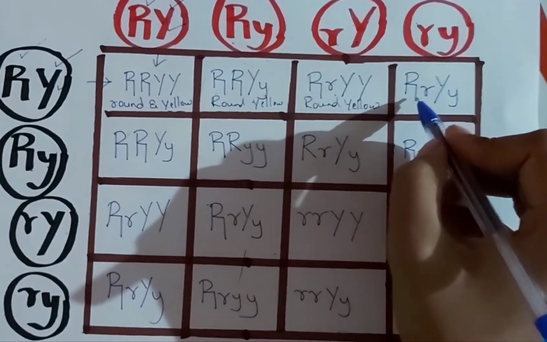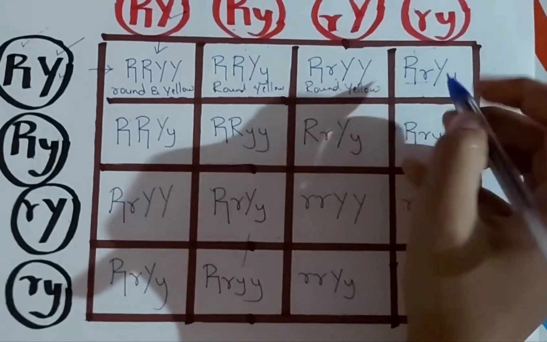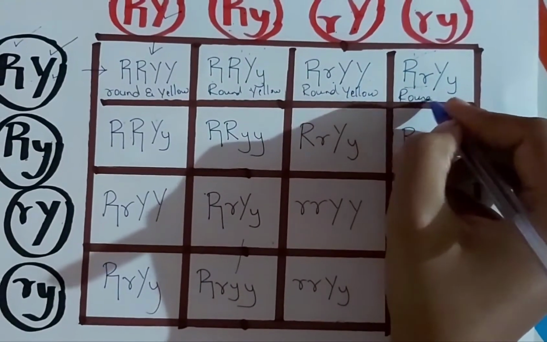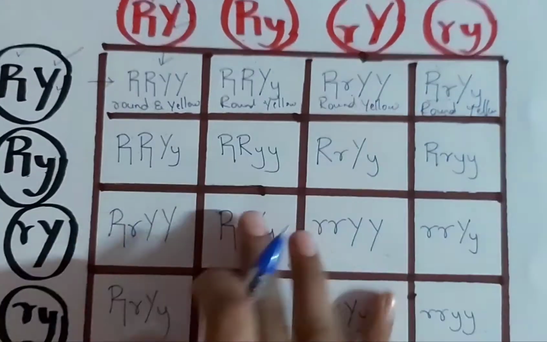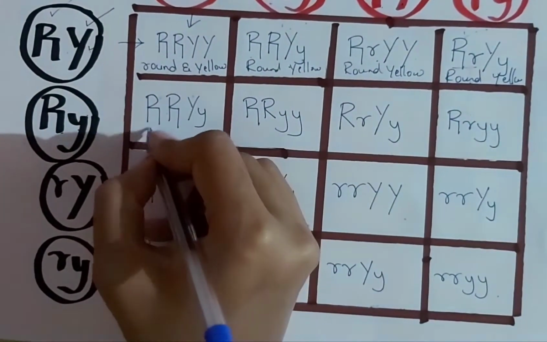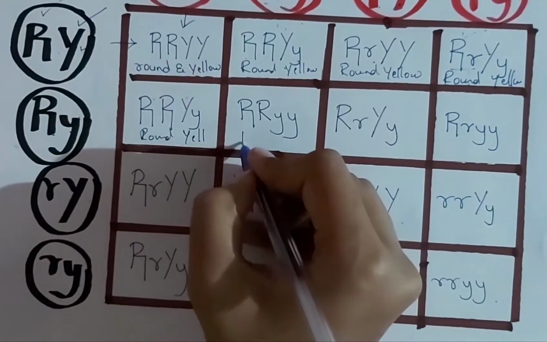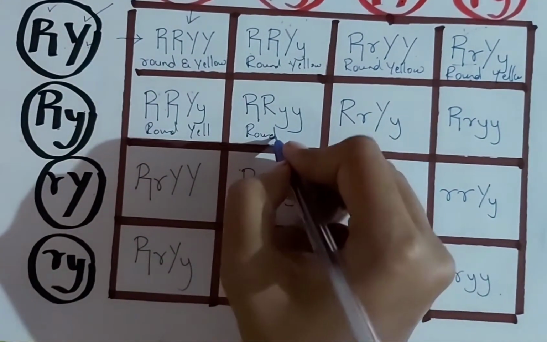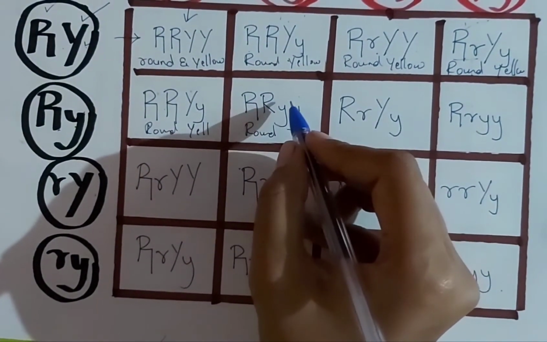And here also you see this is round, heterozygous condition, but round is dominant, it is round, and here it is yellow. Okay, the same thing, here it is round and yellow, but here you see there is no dominant character, no capital Y, right?